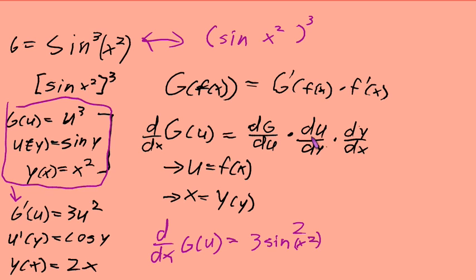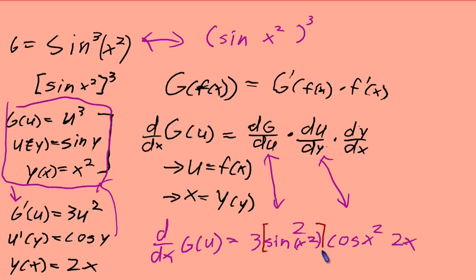So that's my dg du. Now my du dy, u prime of y, is cosine of y, y again still being x squared. So that's that portion of the formula. This is this portion of the formula. Now my dy dx, derivative of y with respect to x, is 2x.